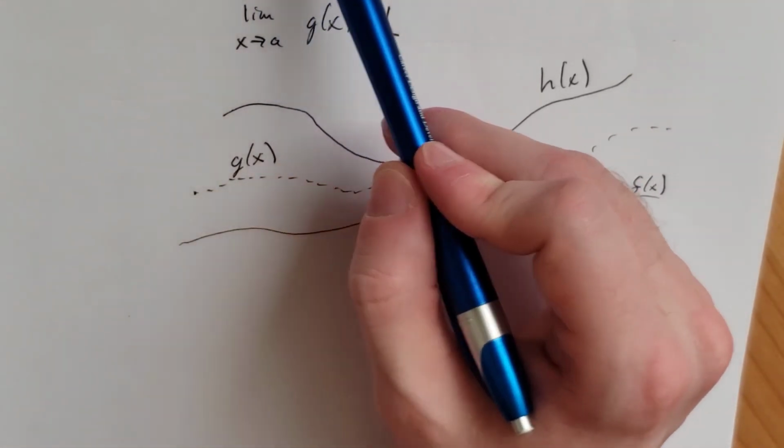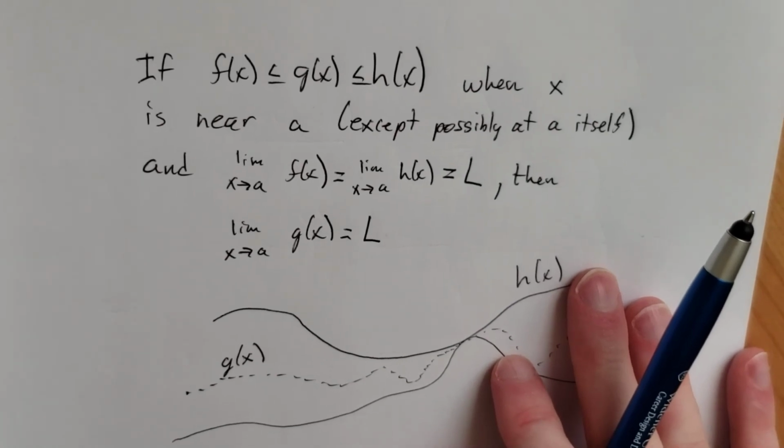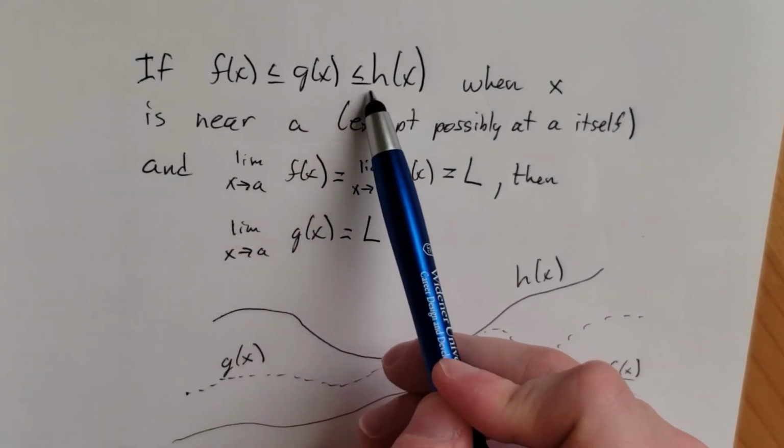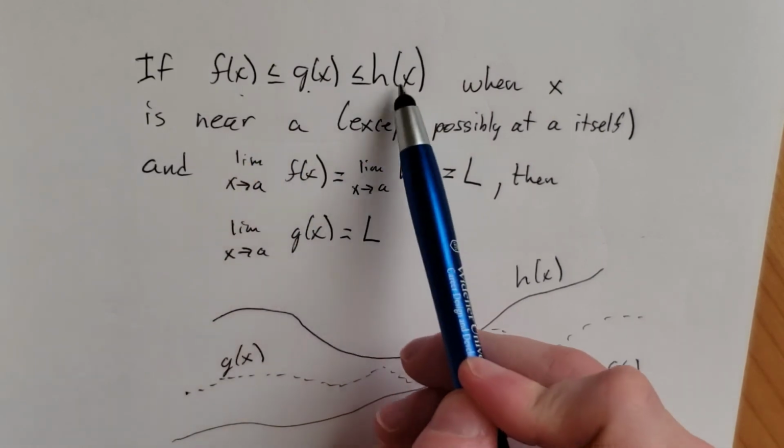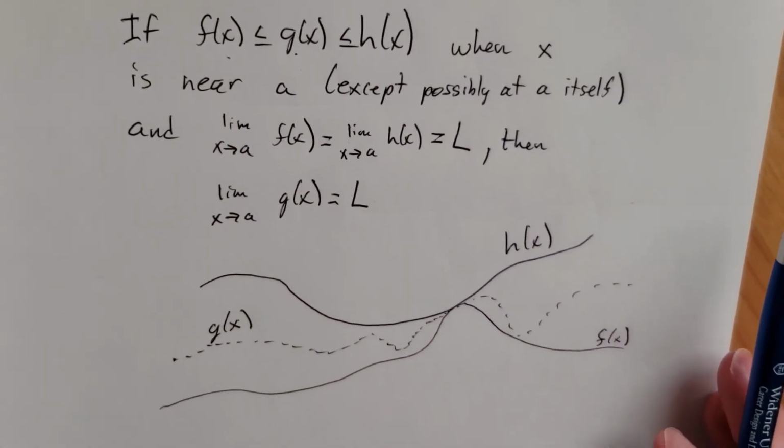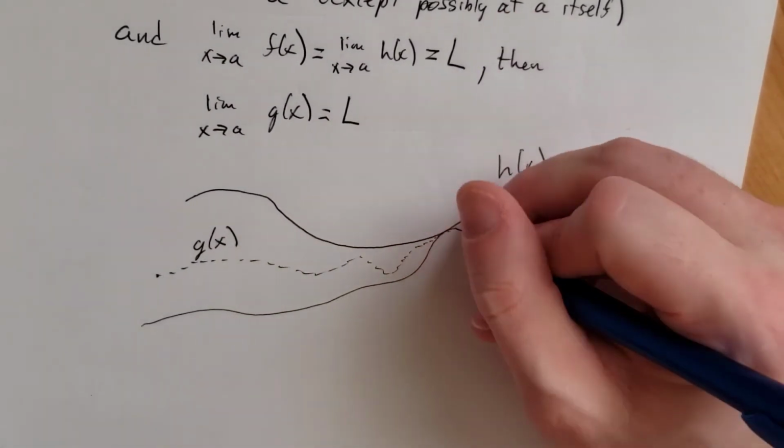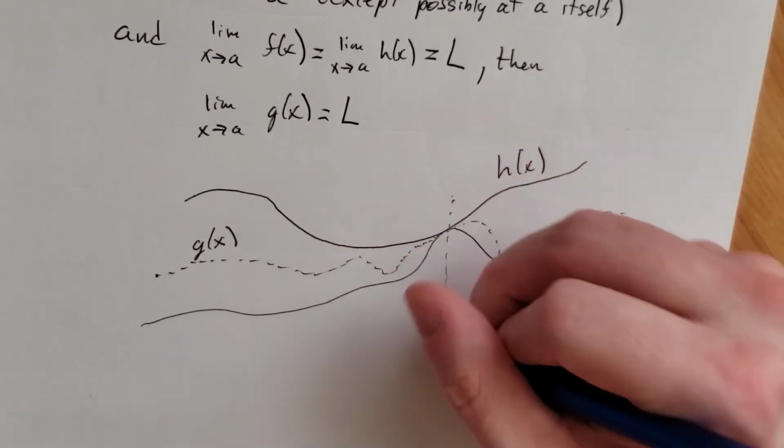F of x is equal or less than g of x is equal or less than h of x. So g of x is between f of x and h of x everywhere, near some value a. So this is the x value a.